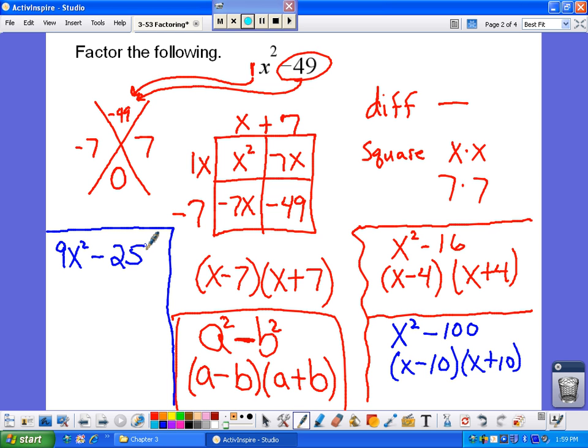But if I realize that this is the difference of two squares, then what times itself gives me 9x squared? Well, 3 times 3 is 9, so isn't it just 3x? And what times itself gives me 25? Wasn't it just 5? So 3x minus 5 and 3x plus 5. Difference of two squares. When I see a difference of two squares, I love doing those.